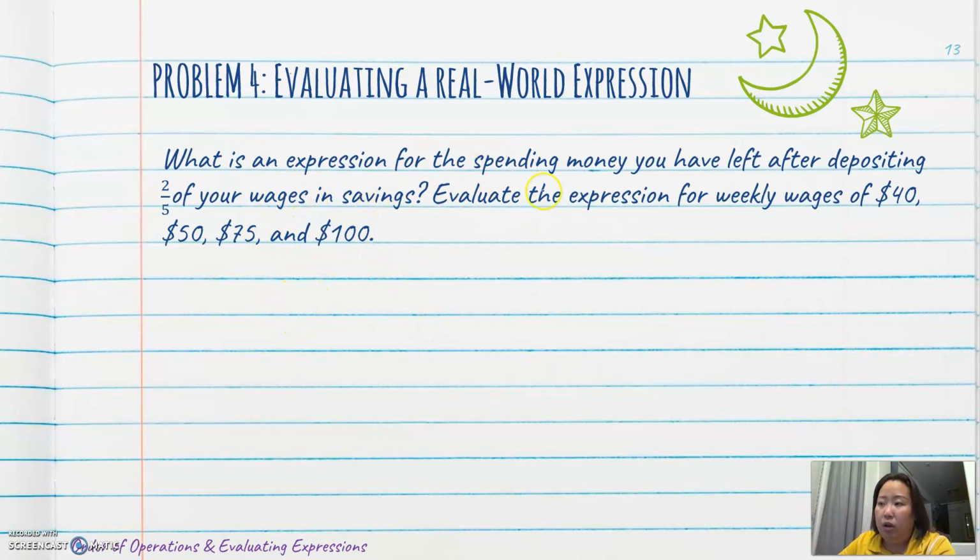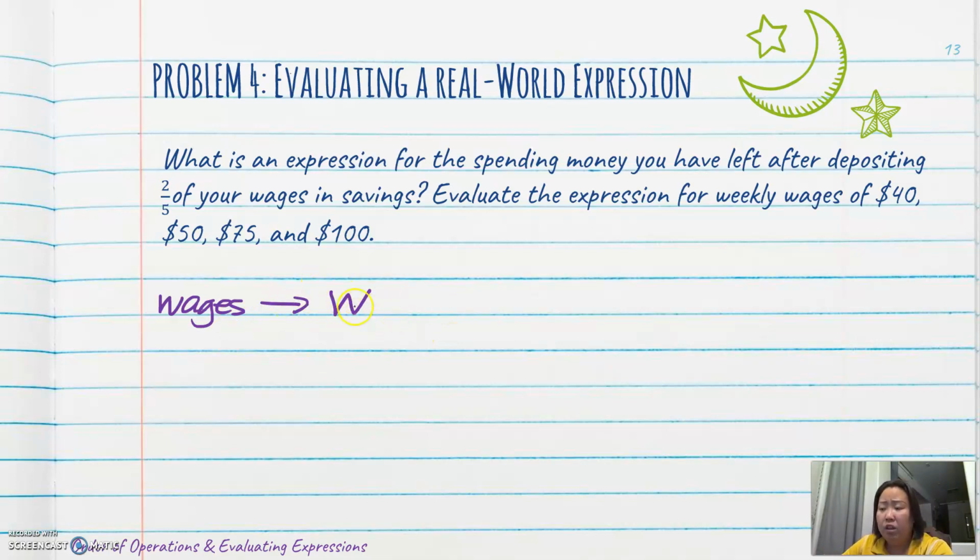We are looking for whatever money is left after you deposit 2/5 of your wages. The first thing we need is a variable to represent the wages. One technique is to use the first letter of the word as your variable, so that's W.